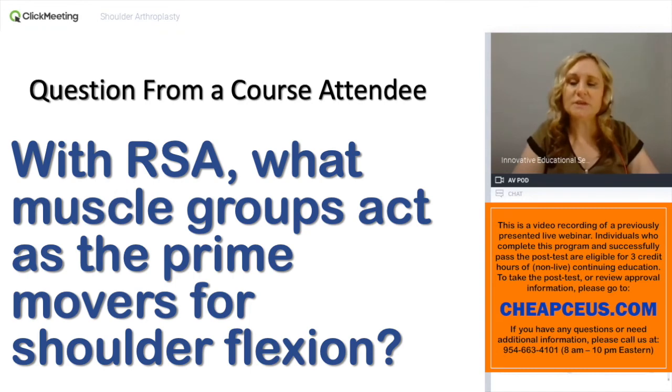So the question is, with the reverse shoulder arthroplasty, what muscle groups act as prime movers for shoulder flexion? When we look at the reverse shoulder arthroplasty, it's performed in that patient who does not have a functioning rotator cuff, that supraspinatus is not available to contribute to abduction, so the deltoids are going to play a role. For internal, external rotation, particularly with internal rotation, they might be able to save that subscapularis.